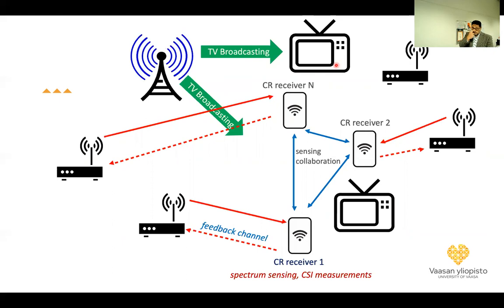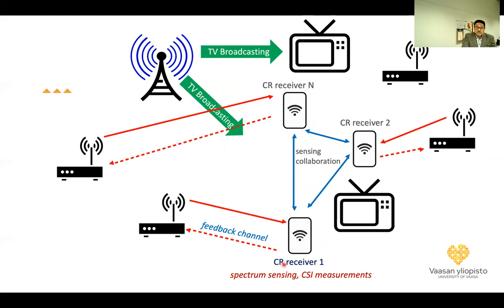Because of that, it is important for the receivers in that sense to check the spectrum. It is very important to check the spectrum and check the interference level. And you can see here that we have what is known as sensing collaboration. So maybe we have collaboration between different receivers of the cognitive radio.